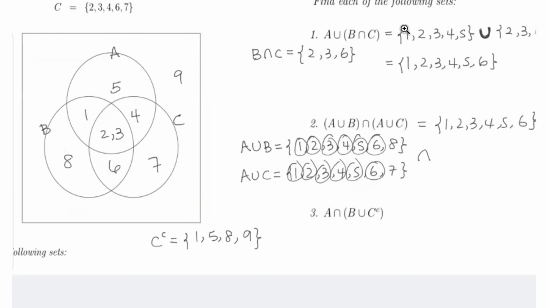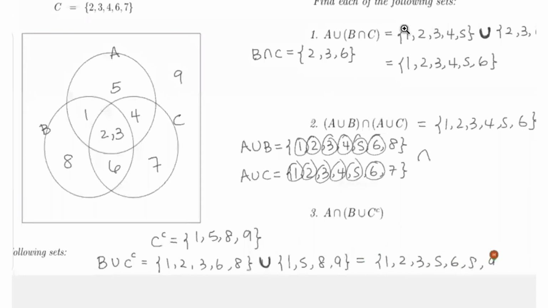B union C complement. B is 1, 2, 3, 6, 8. Union C complement 1, 5, 8, 9. Union means everybody. 1, 2, 3, 5, 6, 8, and 9.